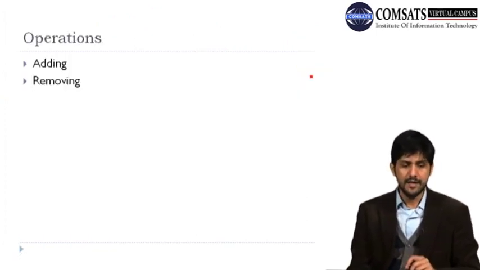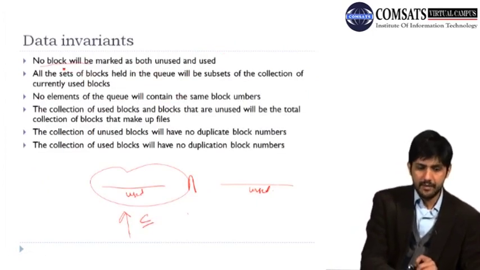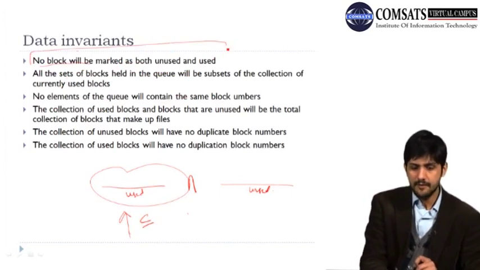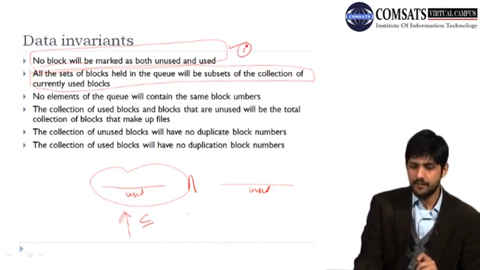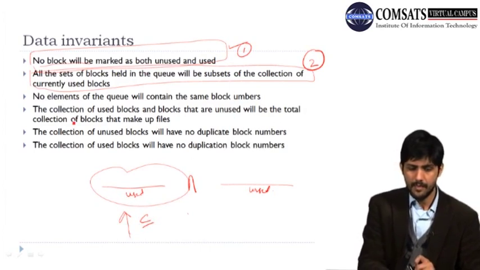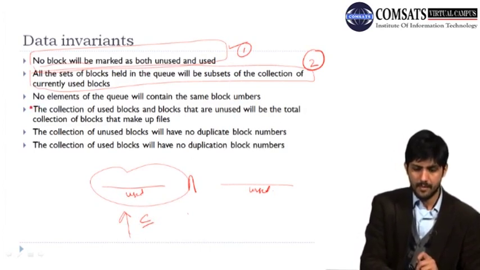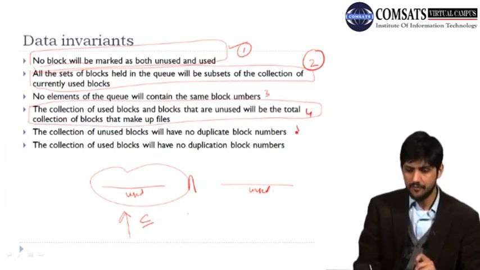So if we look at these data invariants, then we have defined this, and we have defined this particular one. So if we number them, then this was the first data invariant, this was the second data invariant, and let's say this was 3, 4, 5, and 6.